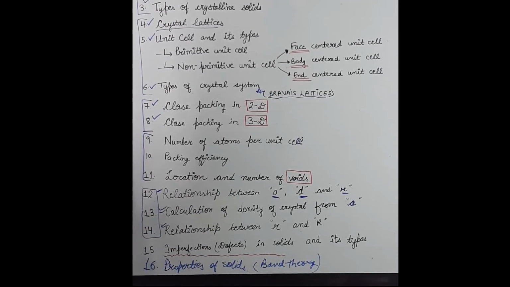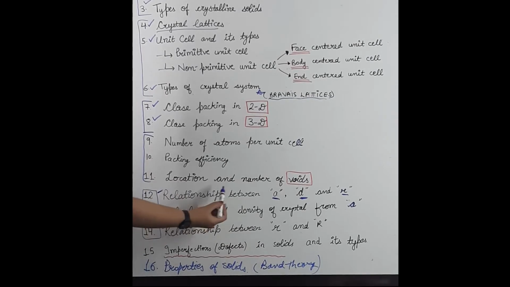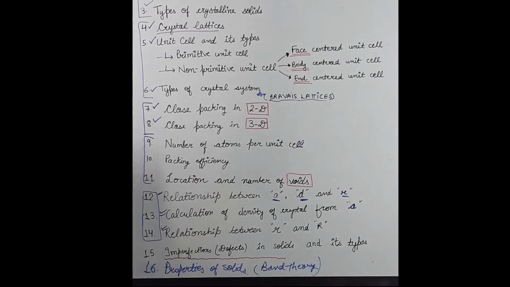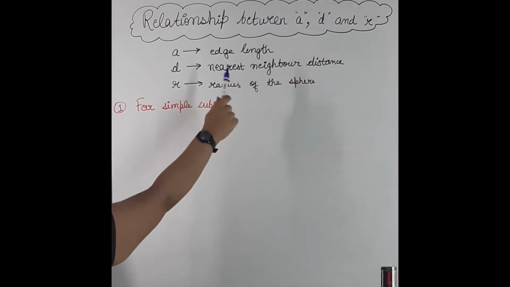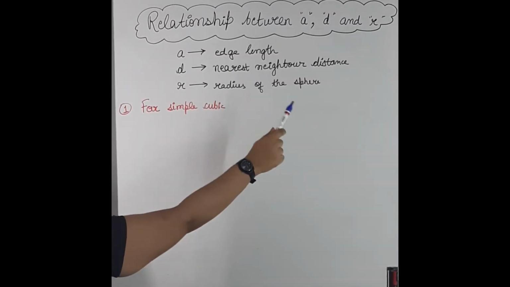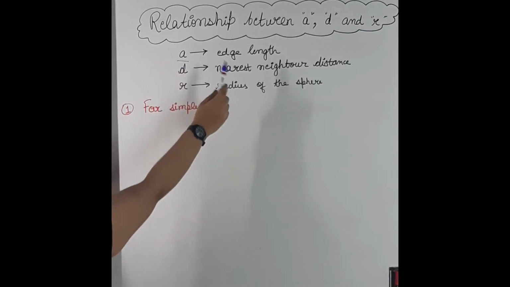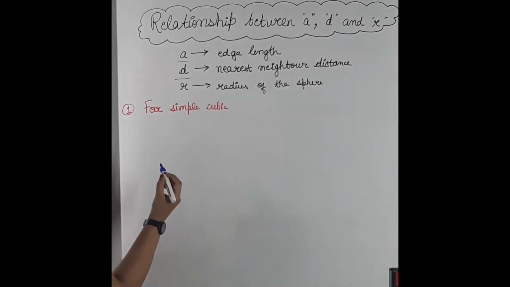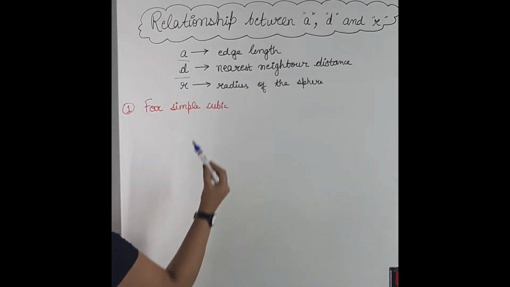So let's start our first topic, that is the relationship between A, D and R. Where A is the edge length, D is the nearest neighbor distance. What does nearest neighbor distance mean?